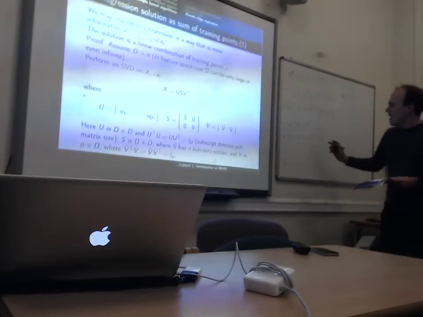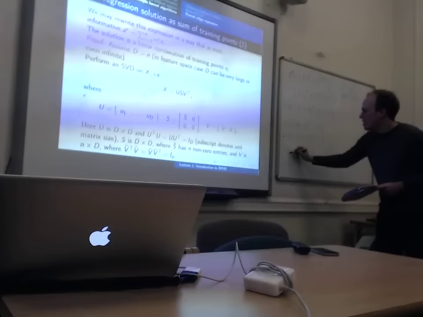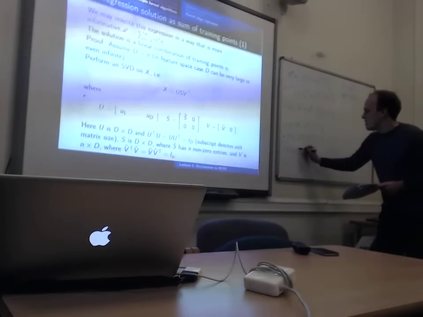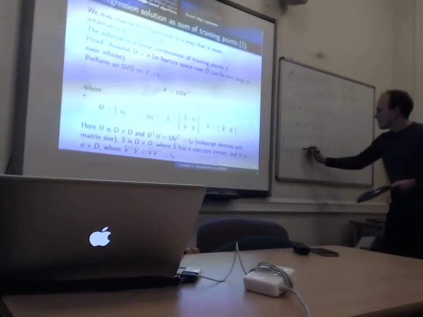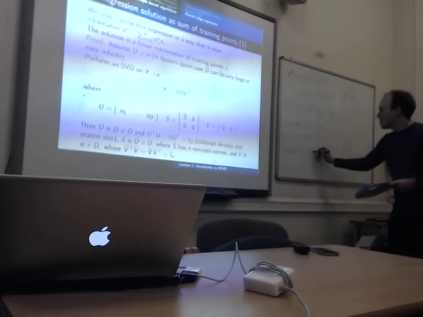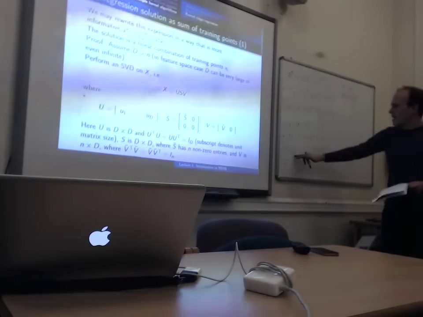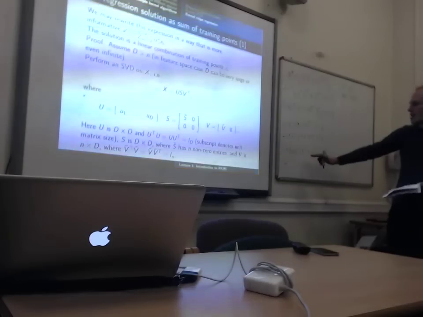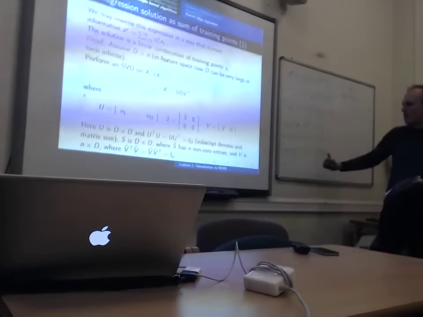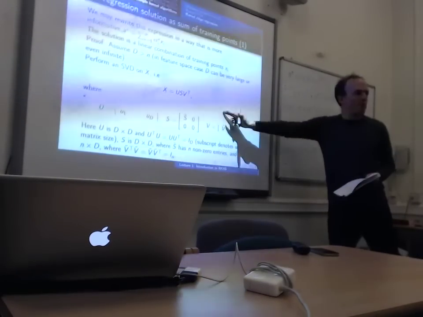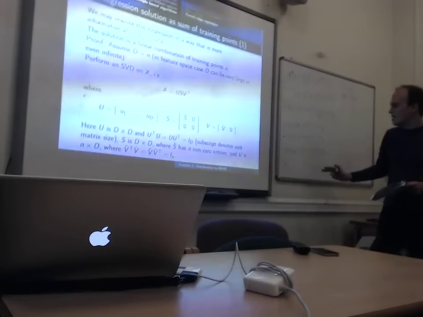Okay. Now I can add S V V transpose, right? S (S squared plus lambda I) inverse V transpose Y. Why can I add these? That's because the V V transpose is just a unit matrix in the top left corner and zeros everywhere else.